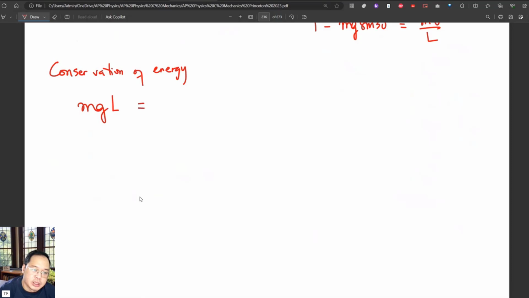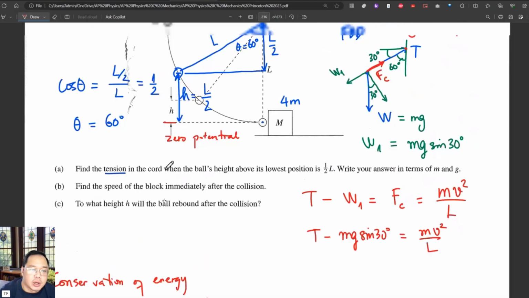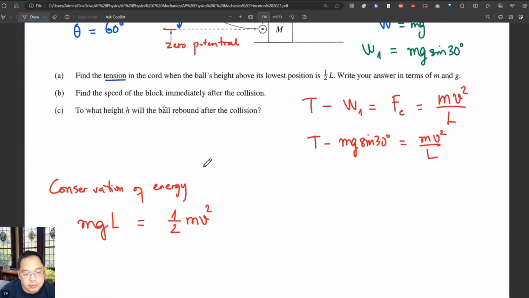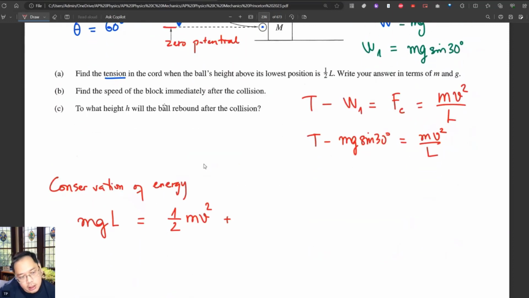That potential energy converts into kinetic energy, 1/2 mv squared, at this location. Let's call this location A. And the potential there is mg times the height, which is L over 2.